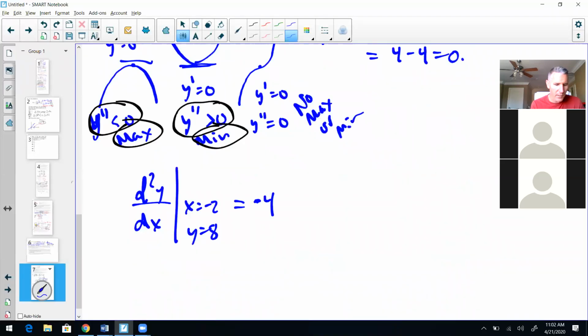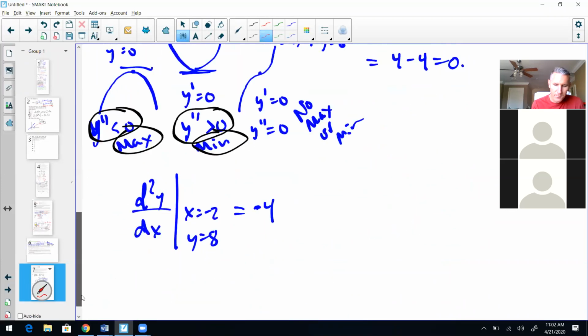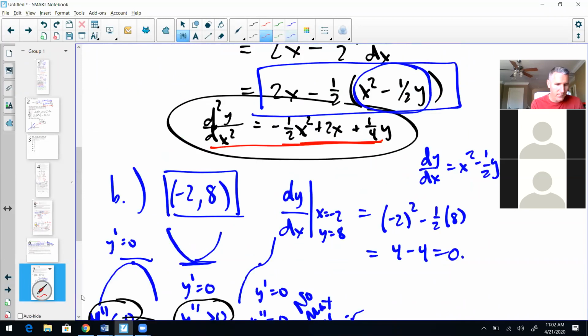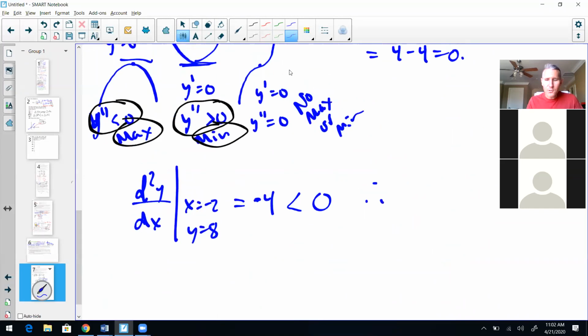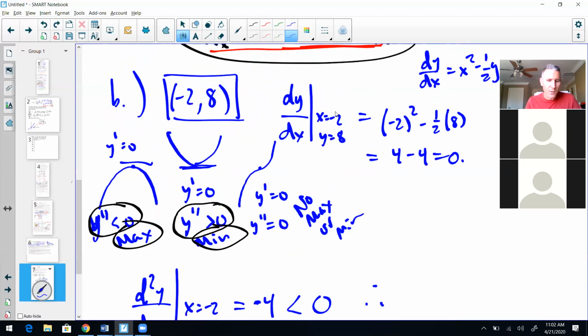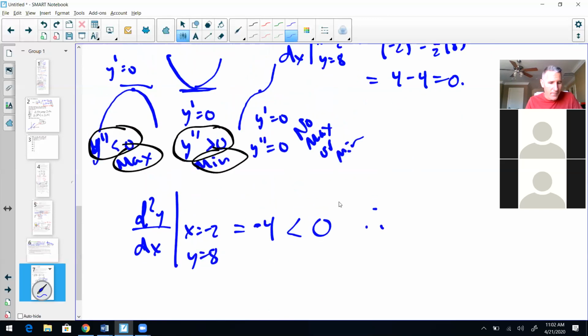If you don't believe me, you could plug it into this long thing that I have underlined in red, but you should get -4, which is less than 0. Therefore, because the first derivative is equal to 0 at (-2, 8) and the second derivative is less than 0, there exists a local max at that point.